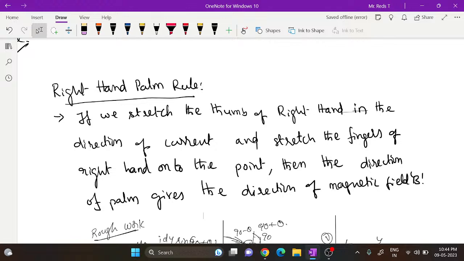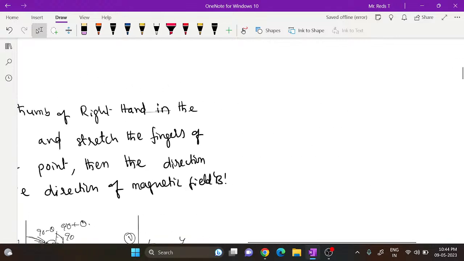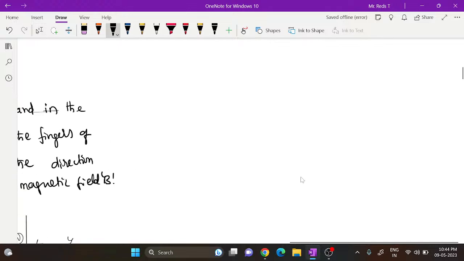Pause the screen and write this down. Then you can note down a few examples to understand this right hand palm rule. Draw the direction of magnetic field in the following cases.